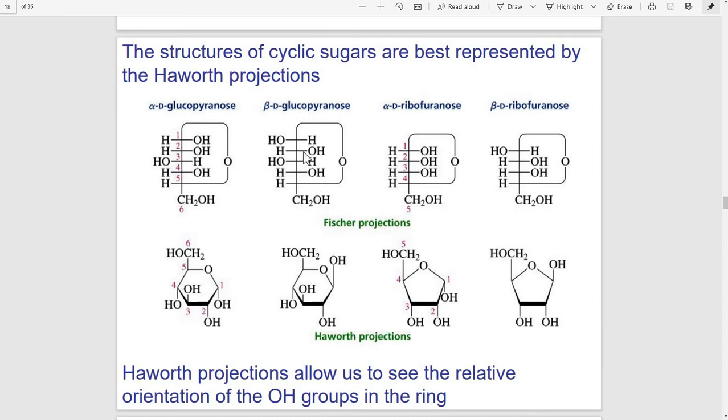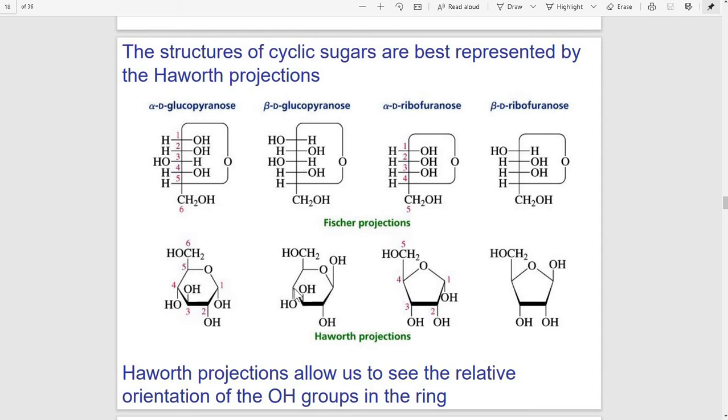Okay, see the second example, beta D glucopyranose. Here the OH is right hand side, and here the OH is left hand side. Now see in this Haworth projection formula, the first OH is in up direction, and the second OH is in downward direction, which is right hand side.